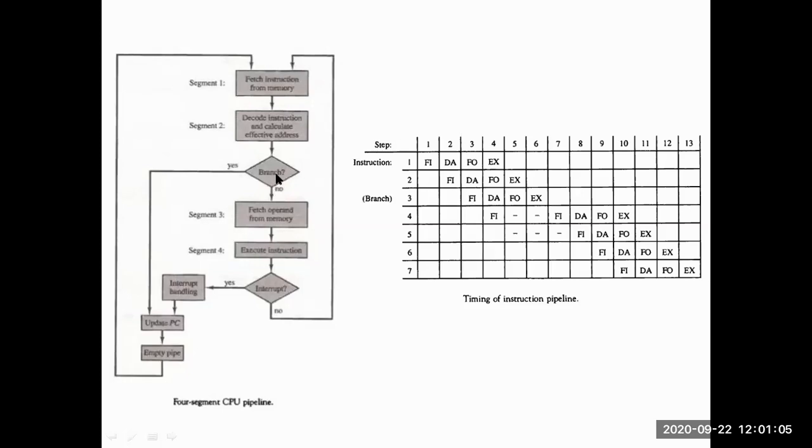So whenever there is branch, you can see from this diagram, we have to update PC and empty the pipe. So that is what here we can see in the diagram. So after DA, here we are emptying the pipe. When DA occurs for the third instruction, this DA tells us that there is a branch.